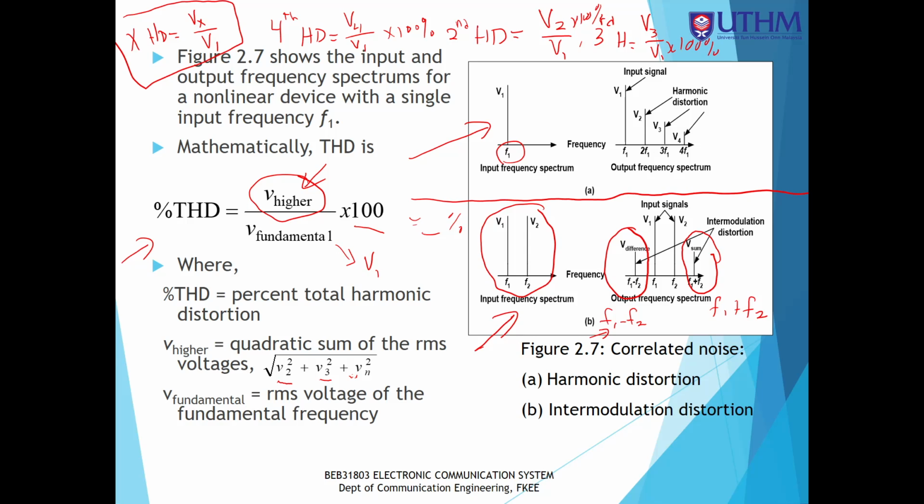Jangan buat dia negatif. Actually there's no negative frequencies dalam kes ini. When you do the difference, take F1, the larger frequency. The difference is going to be F1 minus F2. And here are the input signals tadi, F1 dan juga F2.